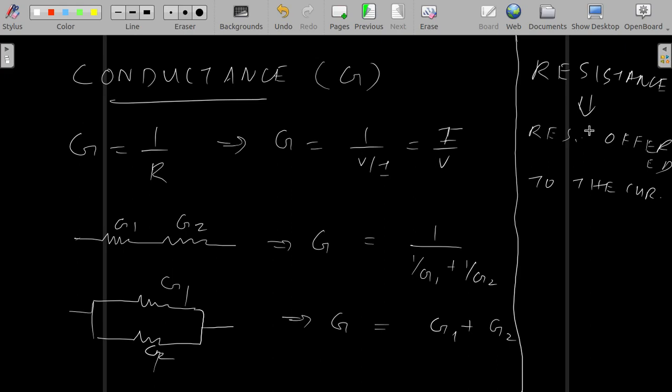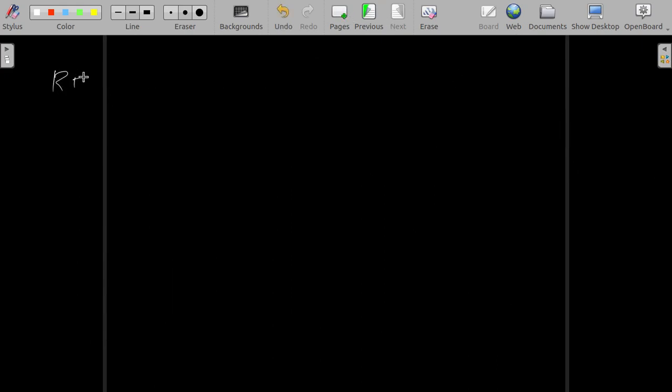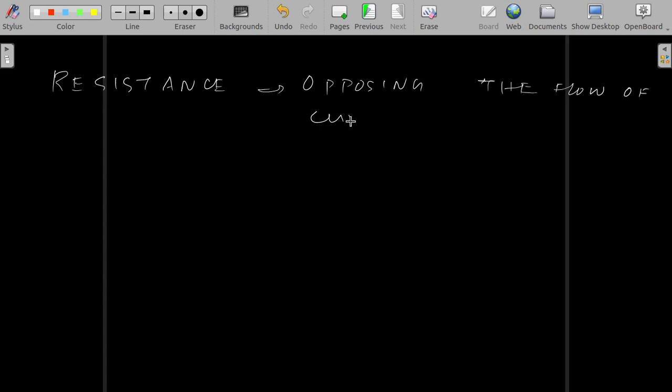So, let's take a new page. What is resistance? Resistance is something that is opposing the flow of current. When you keep something after the other which opposes the flow of current, that means more of that is coming.